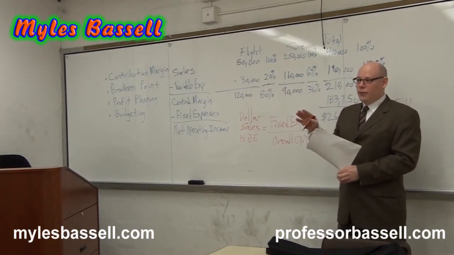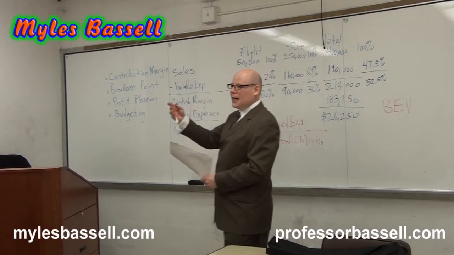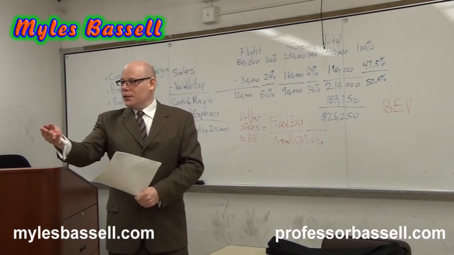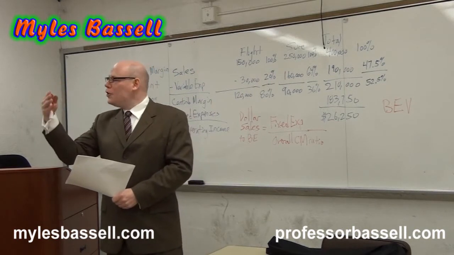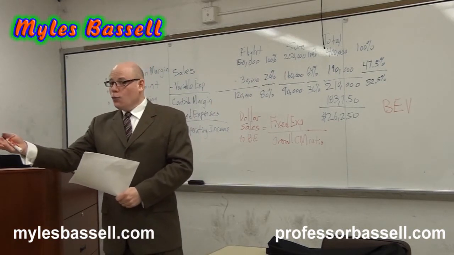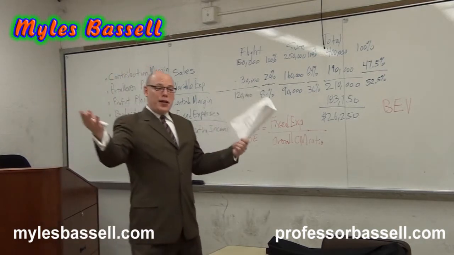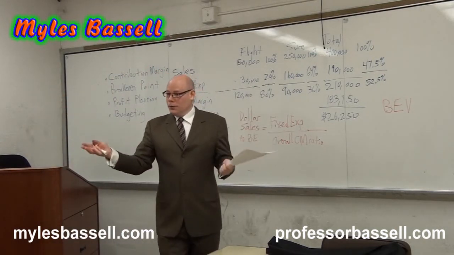And the reason that's so important is because we need to determine whether or not that number of units is realistic, whether or not that's attainable. So it's not just interesting, it's got to be actionable.